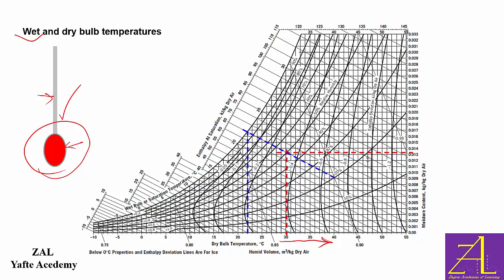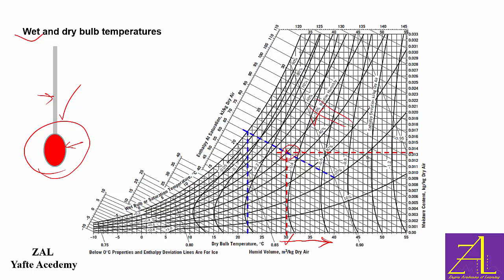In order to get the wet bulb temperature on humidity chart, I can locate the point. Suppose I want wet bulb temperature of the air at 30 degrees Celsius dry bulb temperature and 50% relative humidity. So locate the point, and then from there I go parallel to these wet bulb lines that you see.